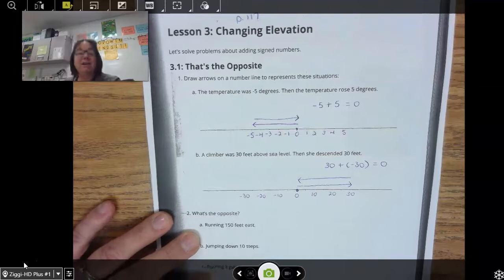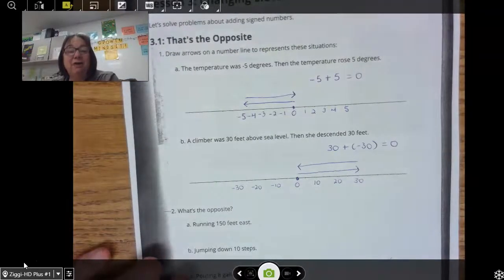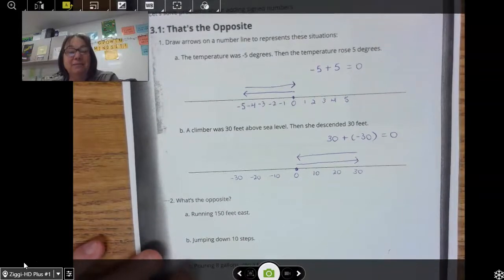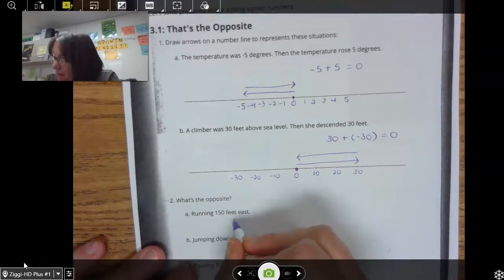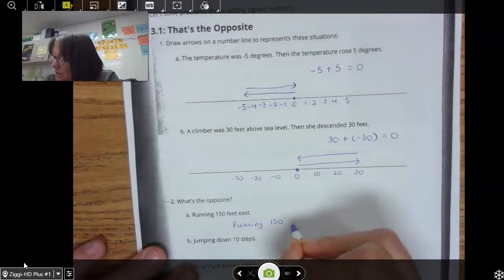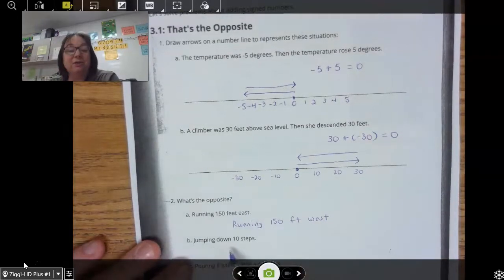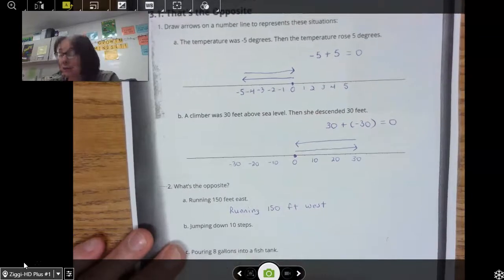Okay, so keeping with that in mind, what would be the opposite of running 150 feet east? Well, the opposite of running east would be running 150 feet west. Okay, you try this one. Jumping down 10 steps.